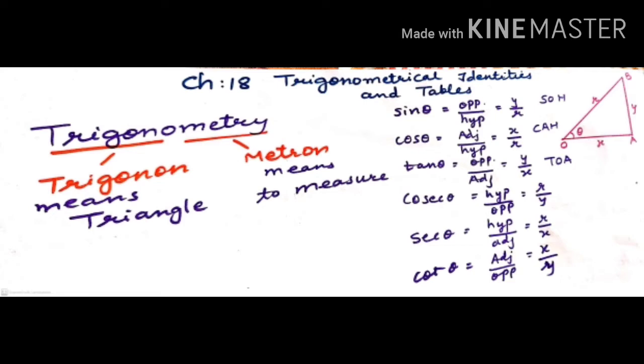Sine theta is equal to opposite upon hypotenuse. Students, we all know that hypotenuse is the opposite side of 90 degree, or you can say right angle. Opposite to right angle, the side is called hypotenuse. So here OB is our hypotenuse.